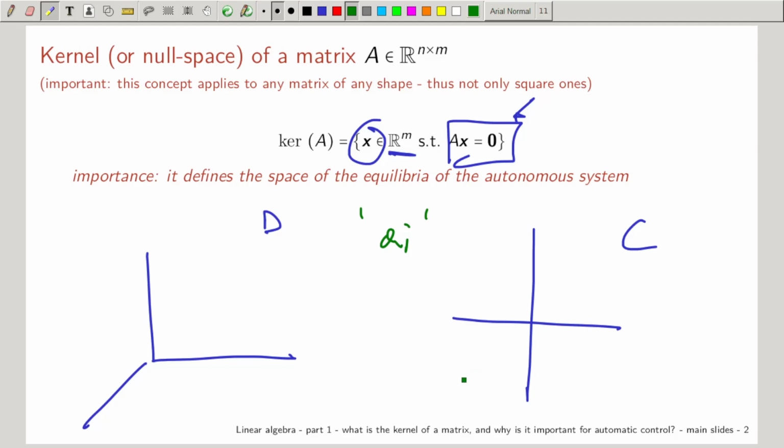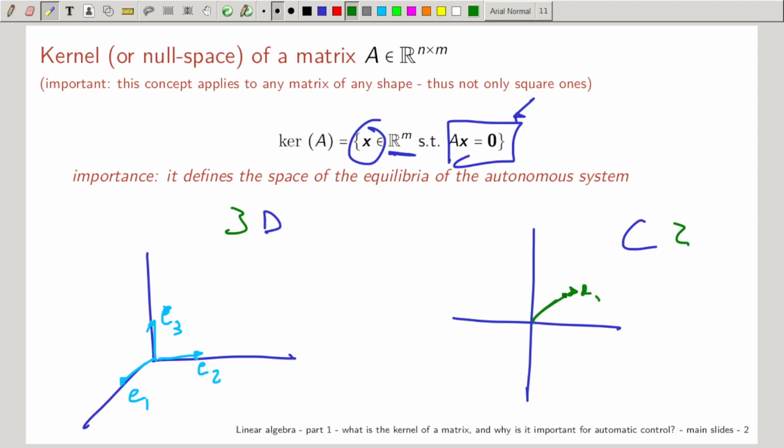I go from 3 to 2. How many E's do I have? I got E1, E2, E3. That means I will have A1, A2, A3. True? Perfect.